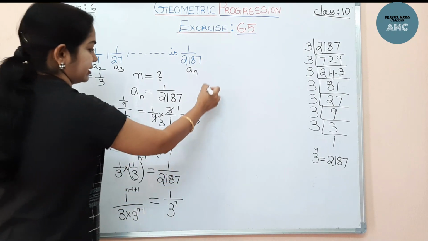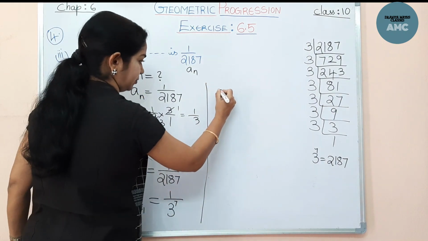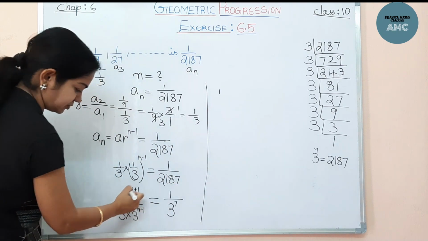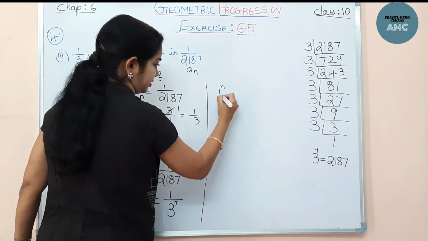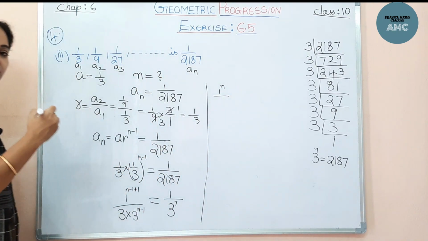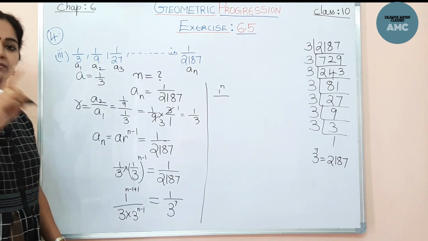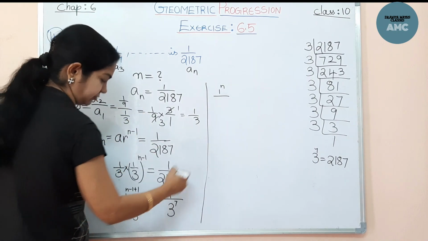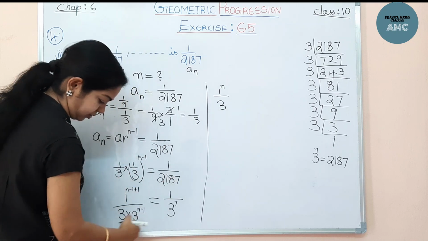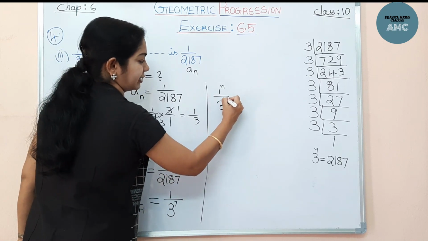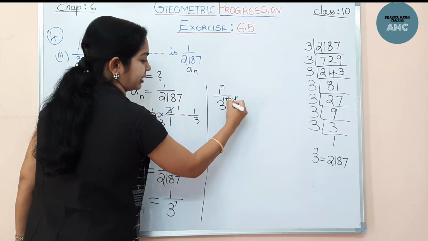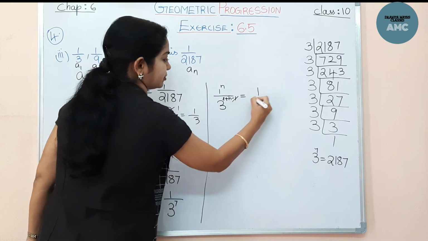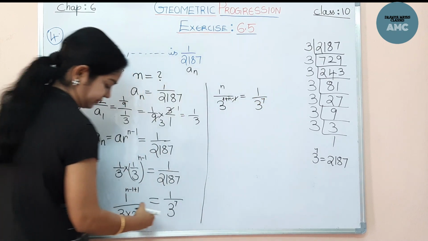If you simplify this, minus 1 plus 1 gets cancelled, 1 raised to the power of n. Now 1 raised to any power, even 100, comes to 1. Now here we will apply the law of indices, 1 plus n minus 1, so minus and plus cancel. So this is 3 raised to the power of n.